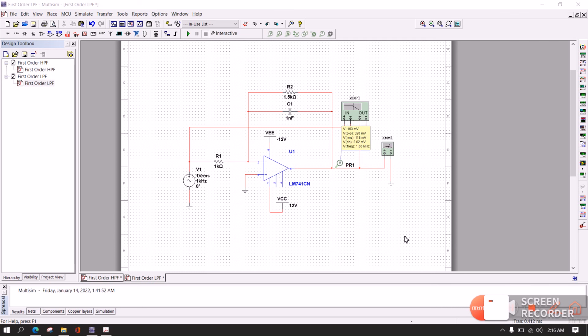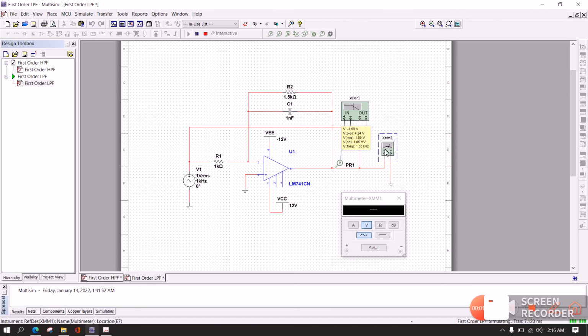The output voltage for 1 kHz is 1.5 volt.